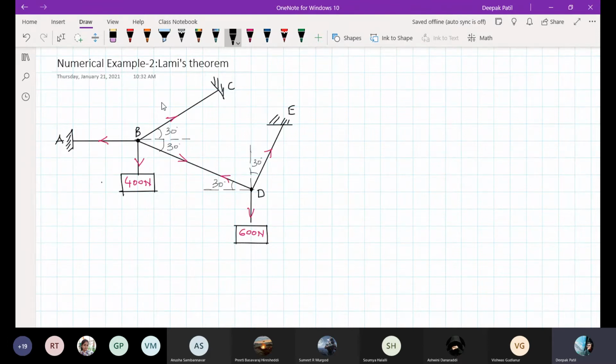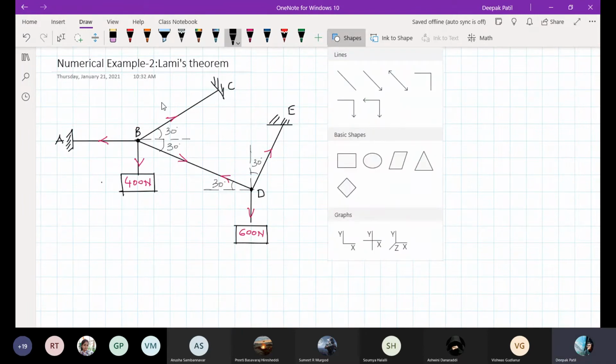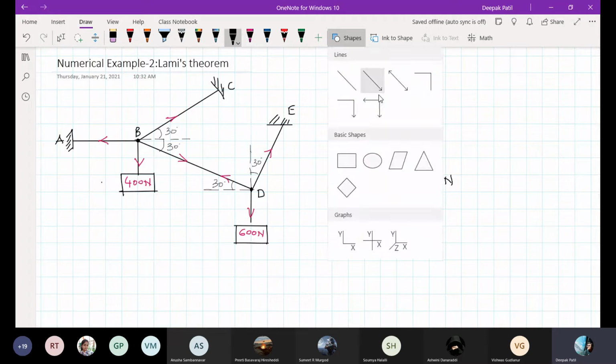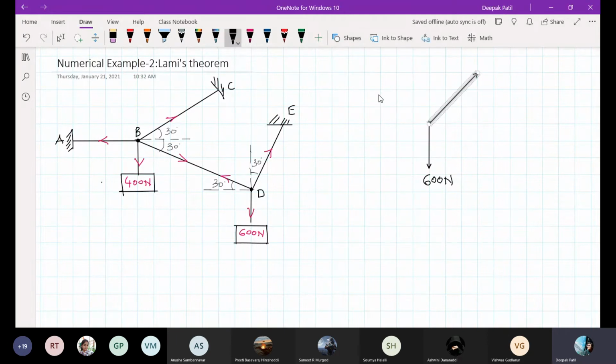First, let us take point D and draw all the forces which are acting at that point. One force is the weight suspended, which is 600 newtons itself. Then we have one more string here, let me call that TDE. You can name anything, T1, T2 or TDE.